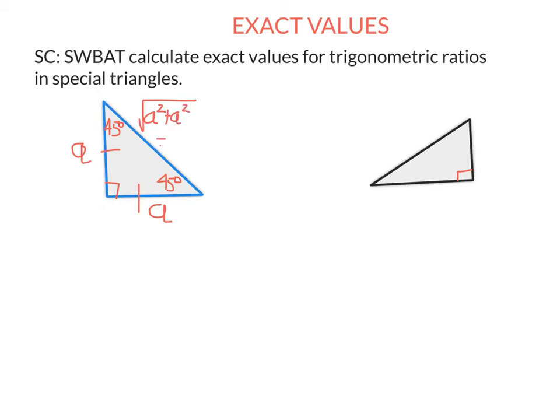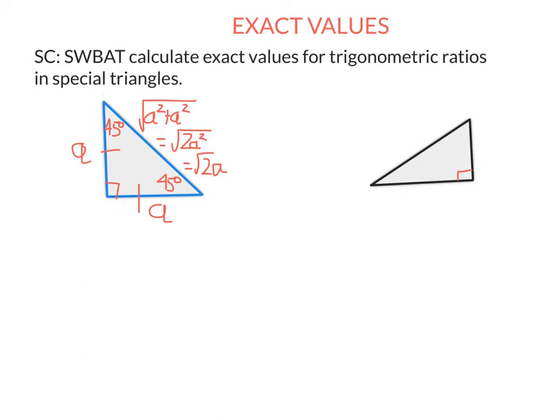So we can simplify this a bit. The square root of A squared plus A squared is the square root of 2A squared, and we can write it like this. So if I have a right-angled isosceles triangle, that means one of the angles is 45 degrees. If the two shorter sides are A, the longer side is root 2 times A. That means the hypotenuse is the square root of 2 times whatever these sides are.